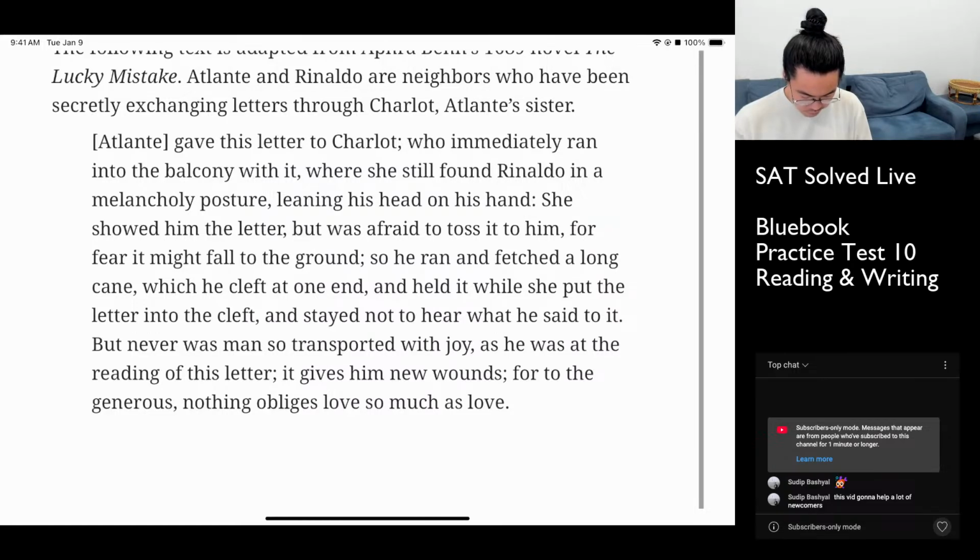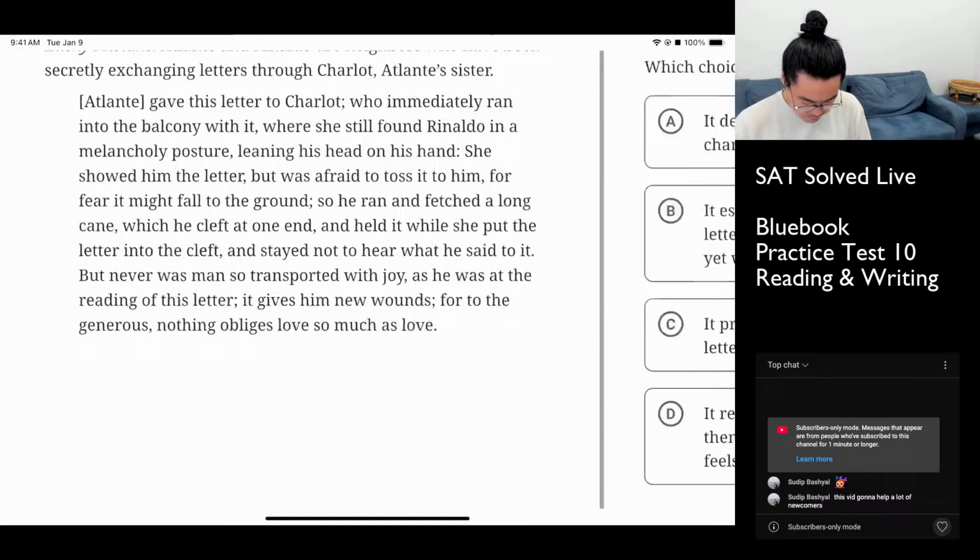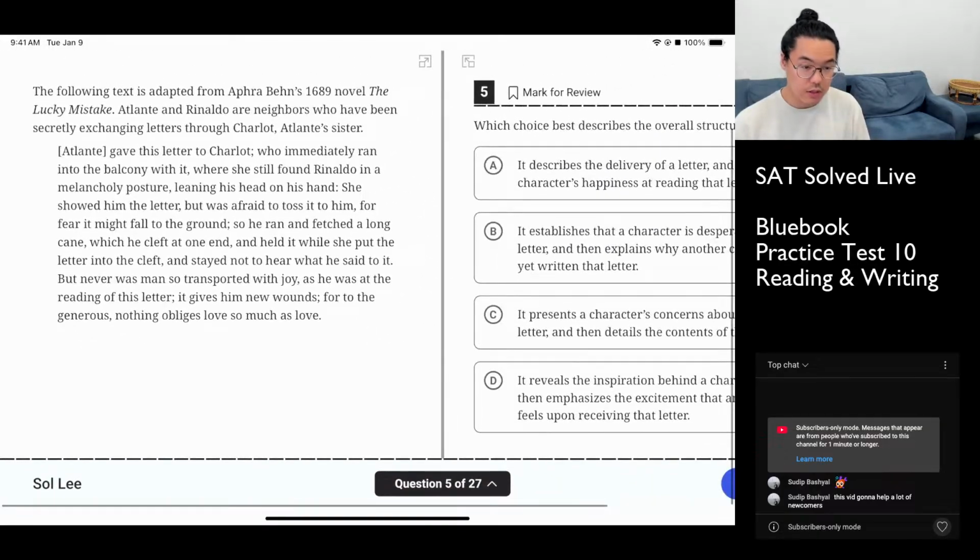Okay, and they're just a complicated mechanism. They're just delivering the letter. Okay, so Charlotte is delivering the letter of Alana, and stayed not to hear what he said to it. So she left, but then this R was very happy. It gives him new wounds because wounds of love. He is feeling very loved because these are secret love letters.